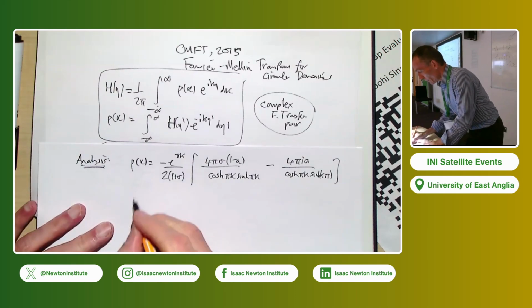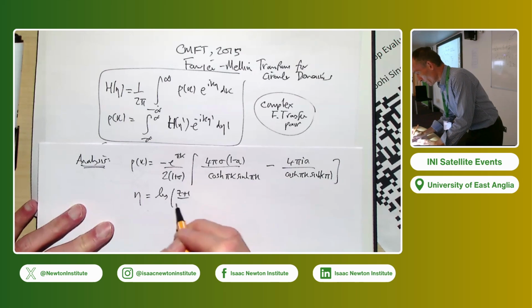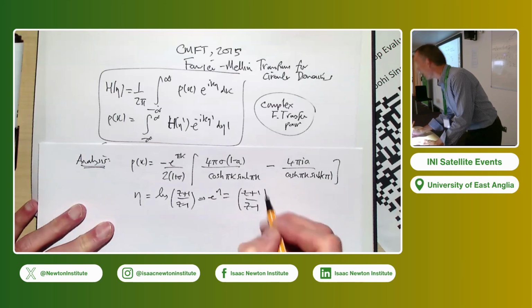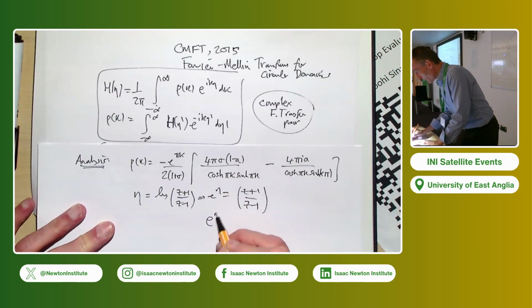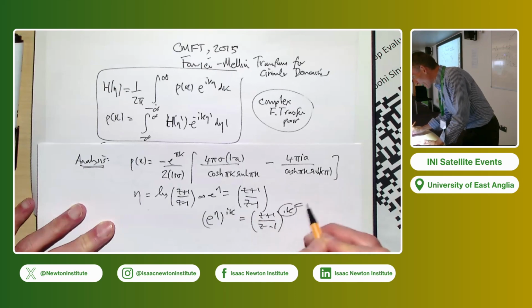Remember, eta was log of z plus 1 over z minus 1. So e to the eta is z plus 1 over z minus 1. So e to the eta times ik is z plus 1 over z minus 1 to the ik. So that's lambda.